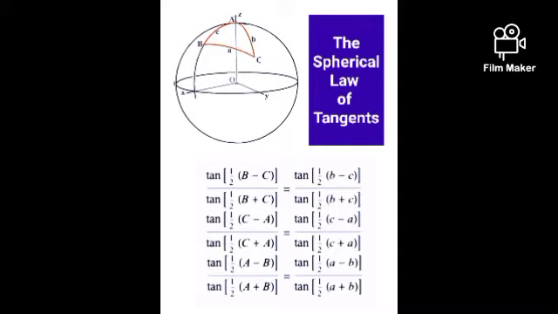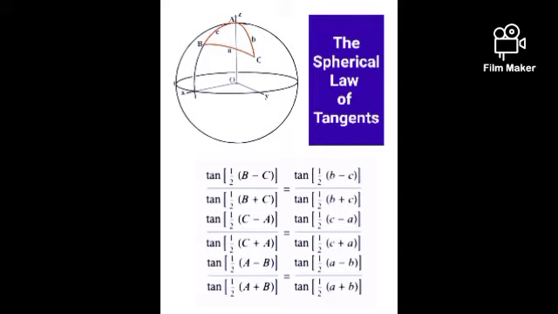earlier, where at the left-hand side of the equation, we have the ratio of the tangent of half the difference of two sides and the tangent of half the sum of the two sides.